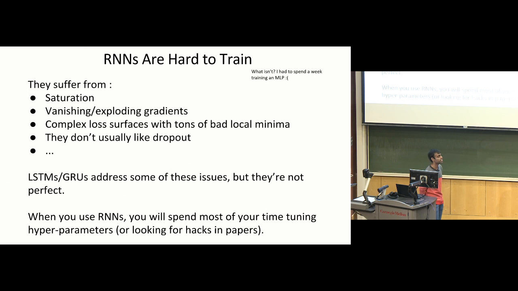They don't usually like dropouts. Now, dropouts are something that you have encountered before. You might have used them in your homeworks too. The way dropouts work is they randomly drop some neurons, and it's basically a regularization method. Could you tell me why dropouts don't work with RNNs?